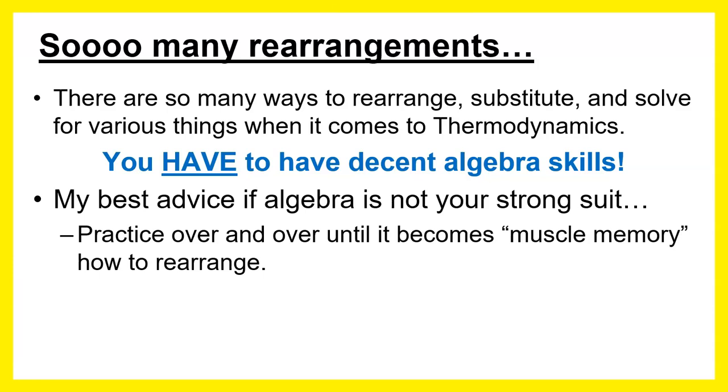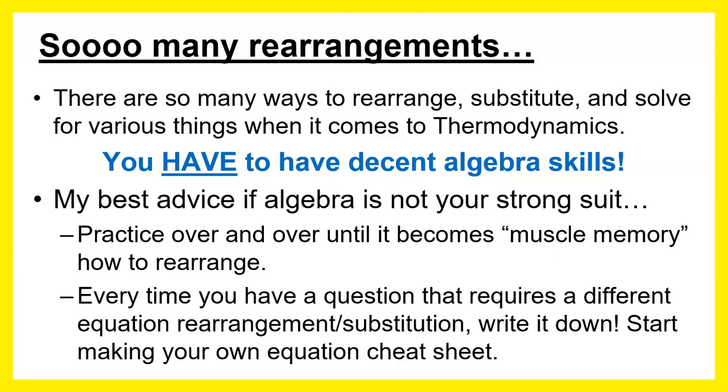When someone's playing some super fancy piece of music on their violin, so much of it is muscle memory. And you gotta get your math skills to be at that point, okay? And like I said earlier, if you want to start making a little cheat sheet and write down every kind of arrangement so that you can study and practice and all of that, maybe a good idea.